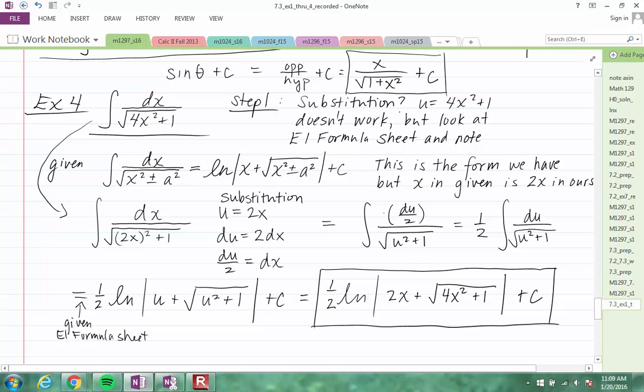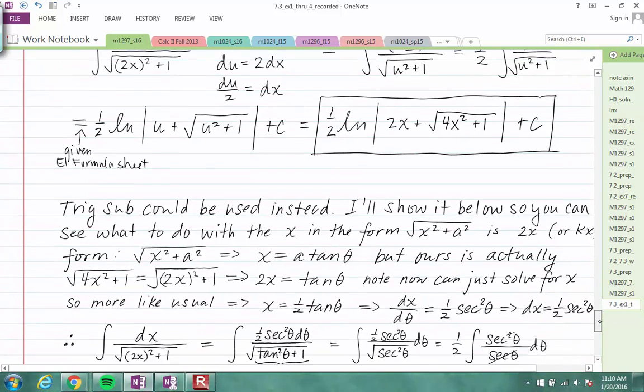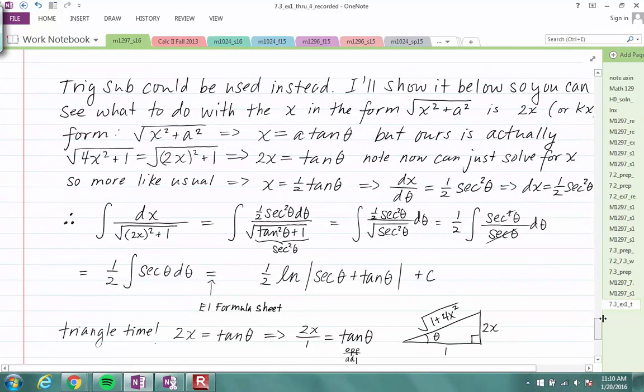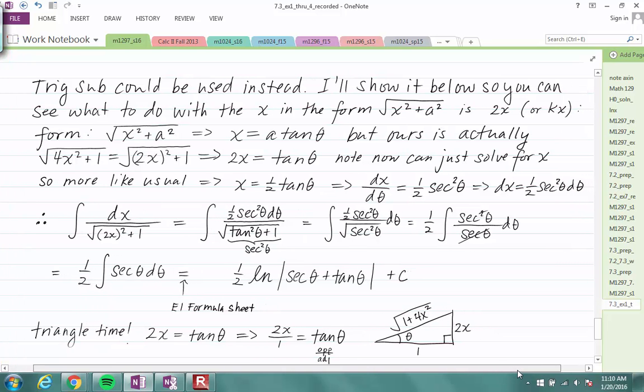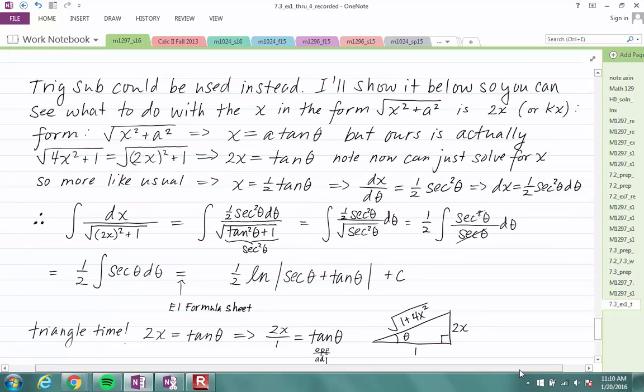And it'd be very similar to what I'll show below. But that's where that actual given integral formula comes from. So that's the easiest way to do this.